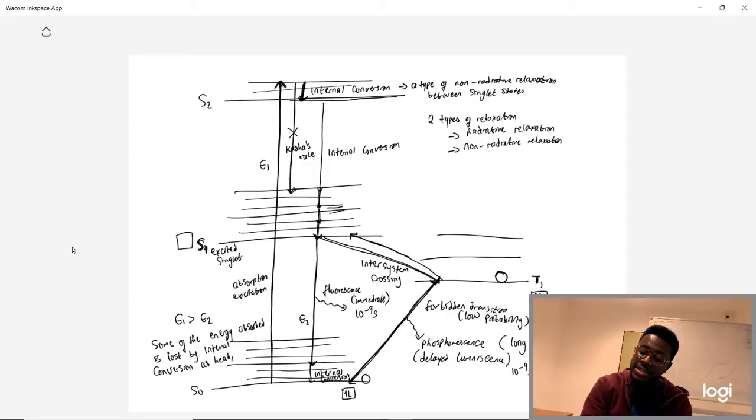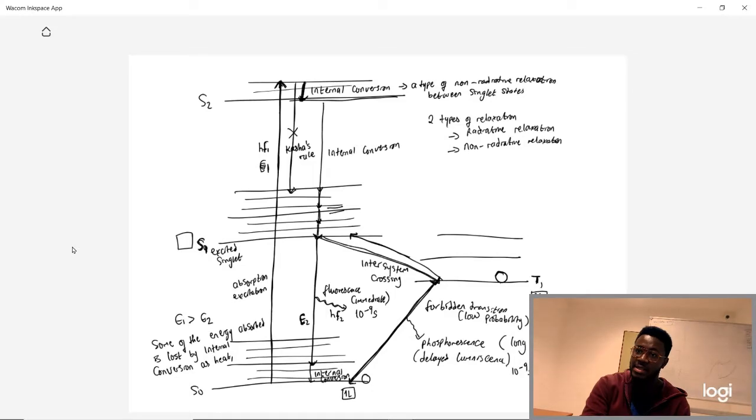So the energy that is released in the photon is going to be much smaller than the energy that was absorbed, E1. That means the wavelength of the photon that is released, hf2, compared to hf1, is going to be longer than the wavelength that is absorbed.